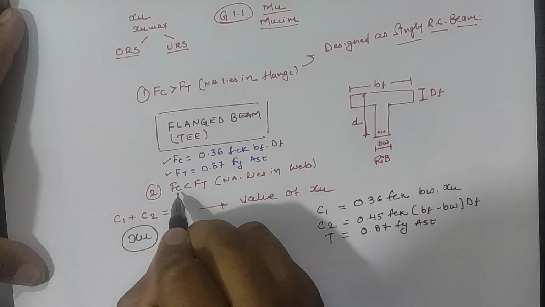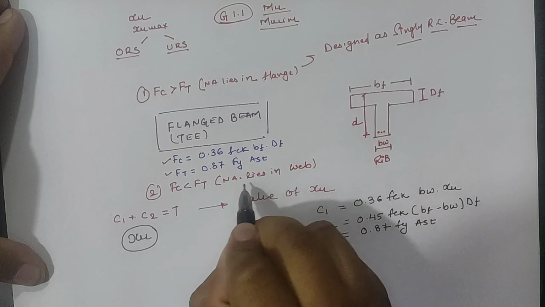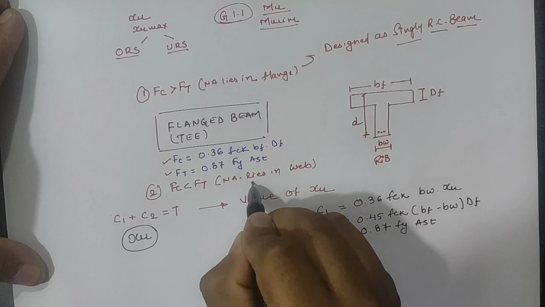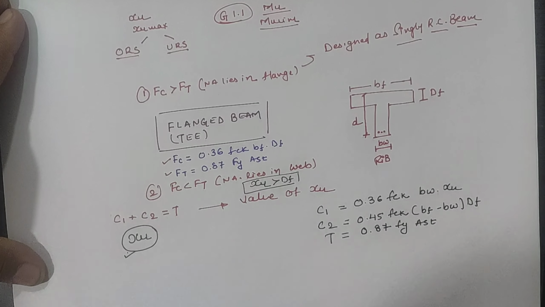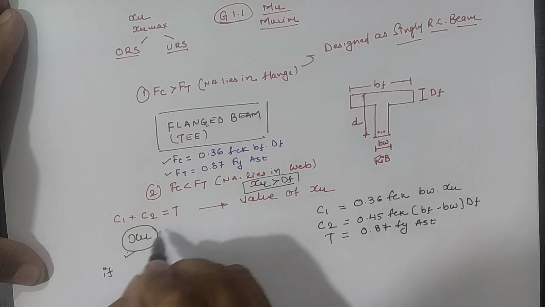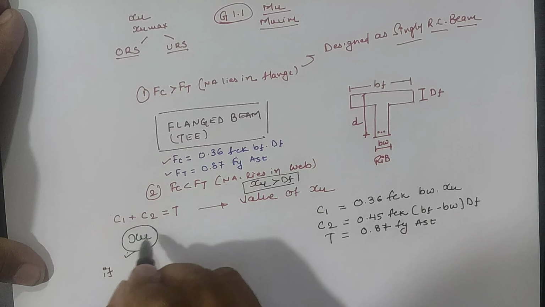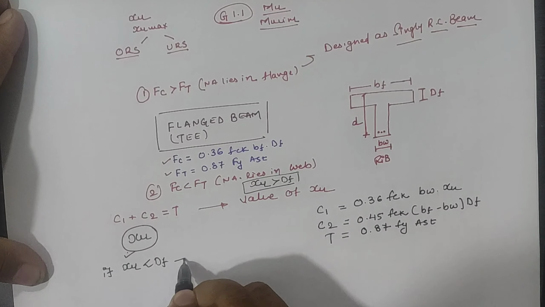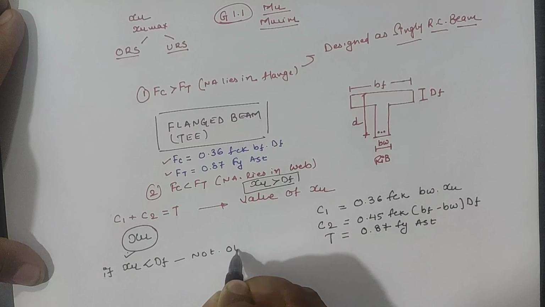But see, if Fc is less than Ft and the neutral axis lies in the web, our XU must be greater than DF. This must be satisfied by the value of XU. But if after calculation of C1 plus C2 equals T our value of XU is less than DF, it means that it is not okay.